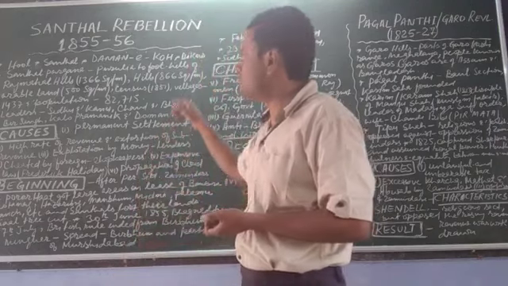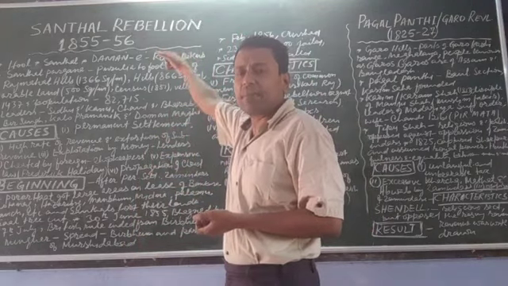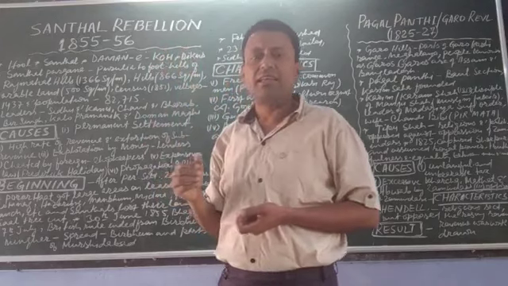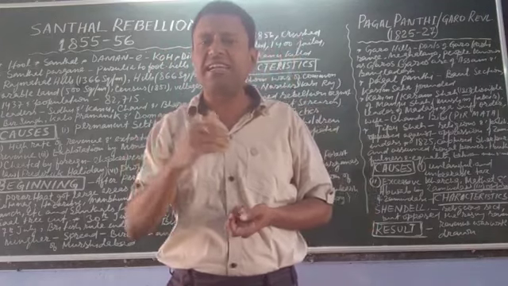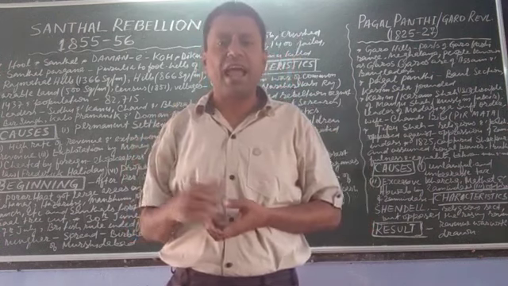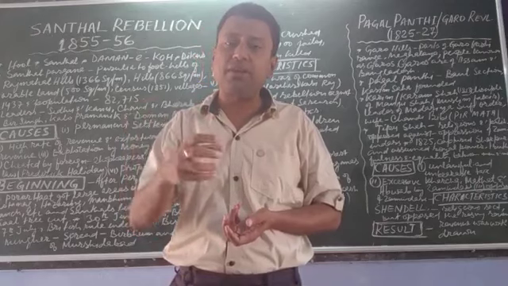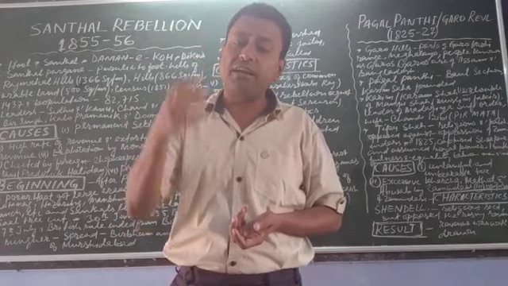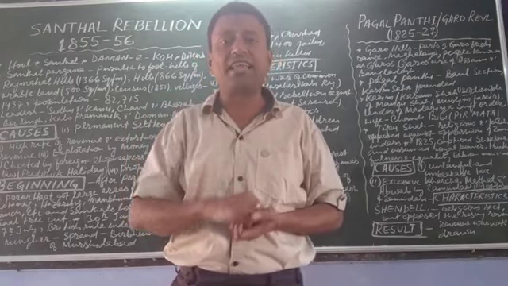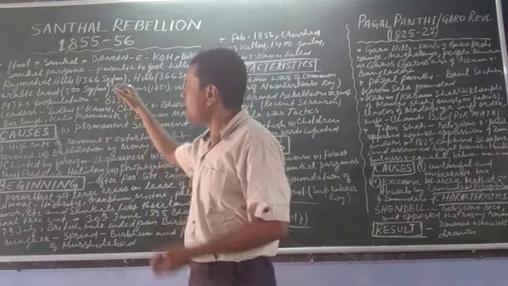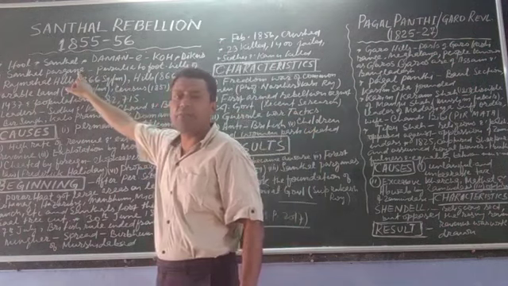Dikus had also come into the Damane ko area, and they were the agents of the British government. They came to this area to collect the revenue or to establish their economic domination over the Santhali people, over the tribal people.